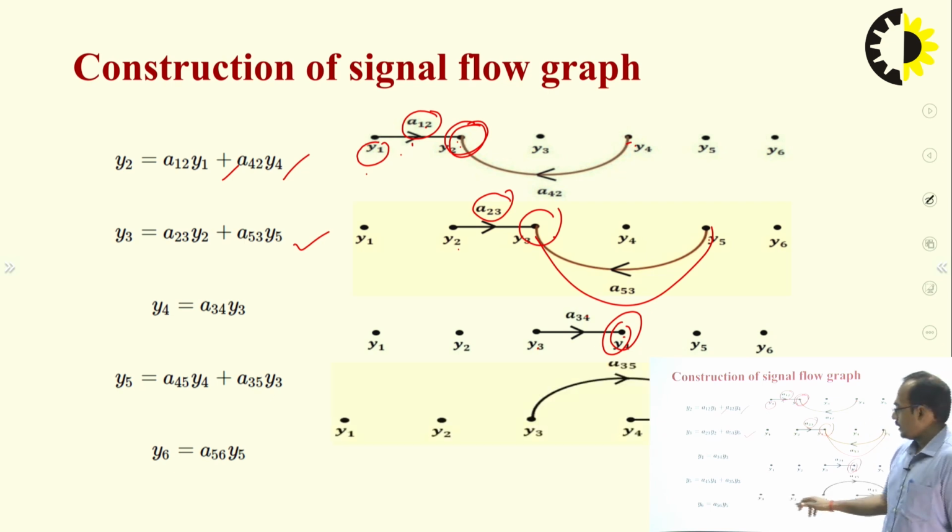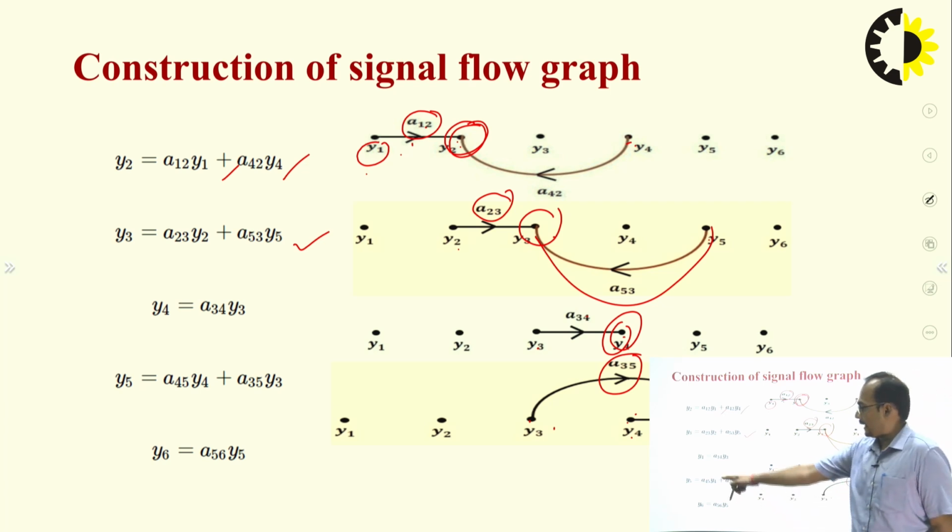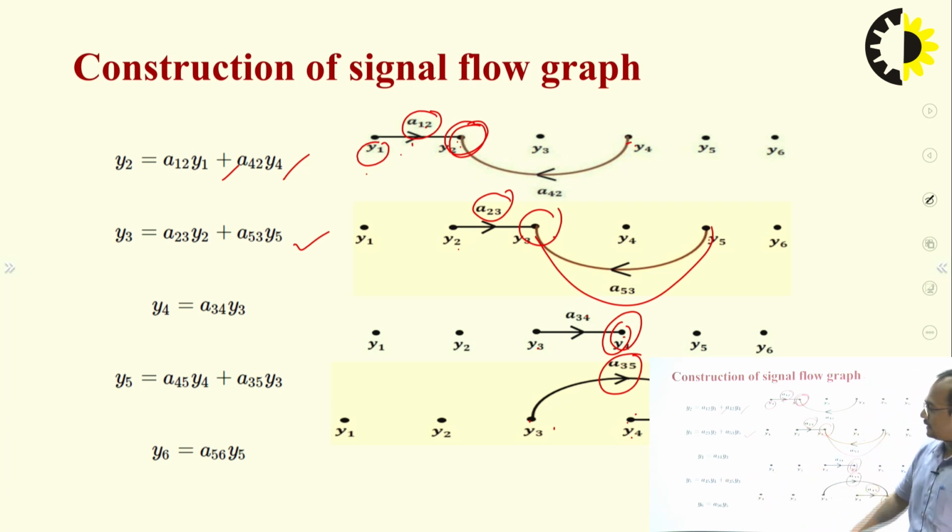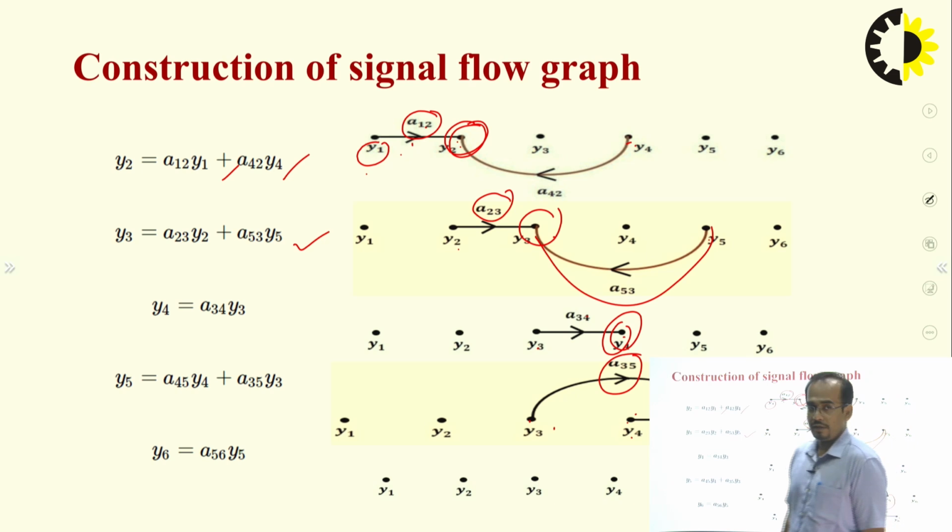Next, the incoming branches for y5 are from y4 and y3. The path gain for one incoming branch is a45 and for the other is a35. So y5 is equal to y4 a45 plus y3 a35. Similarly, we can write y6 is equal to y5 a56.